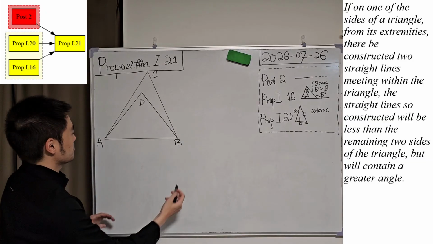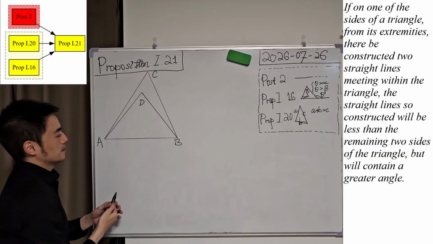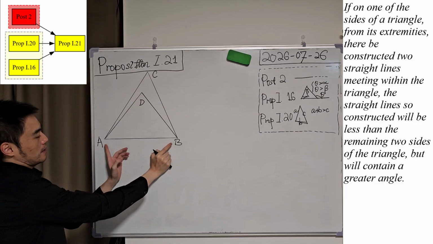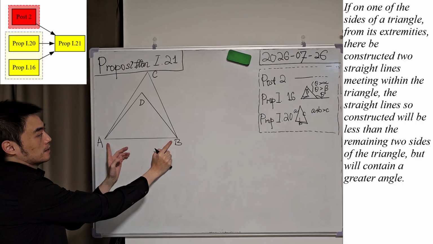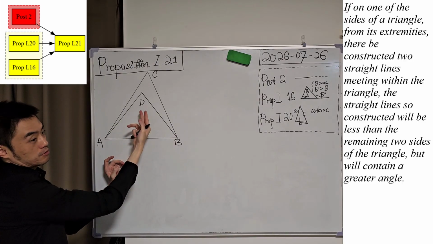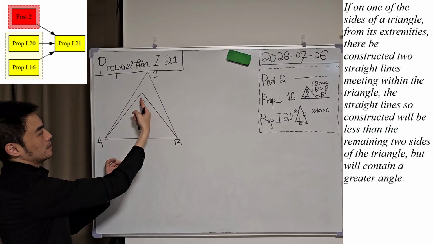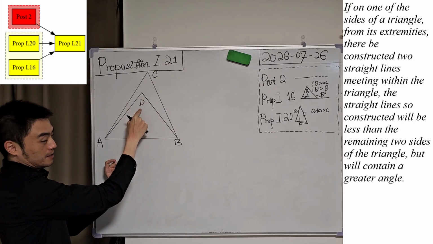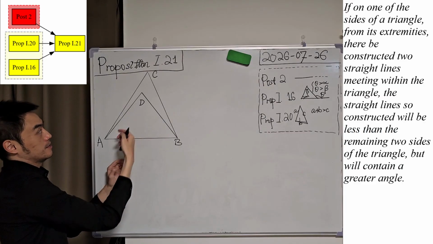For example, this is a triangle ABC, and we have a side AB with extremities point A and point B, and then we can construct two straight lines AD and BD that meet each other at point D inside of this triangle ABC.